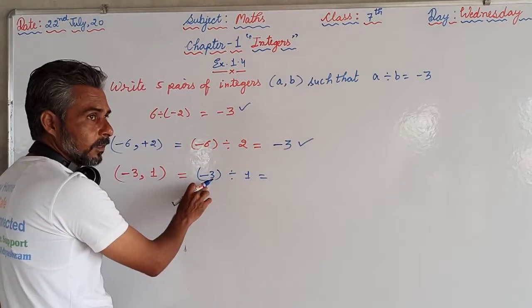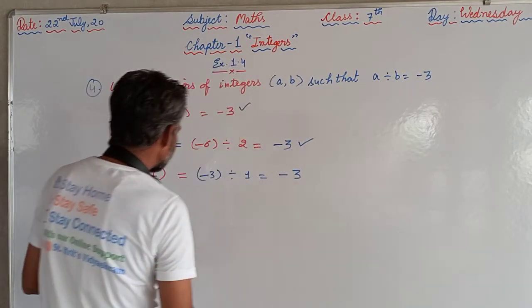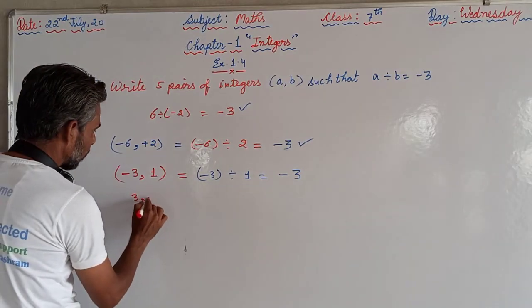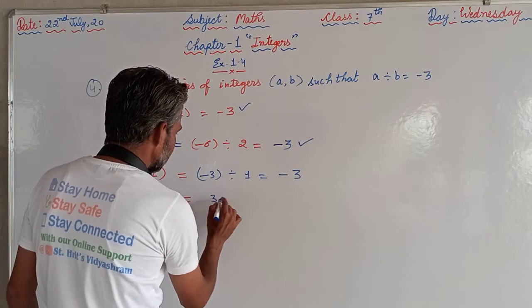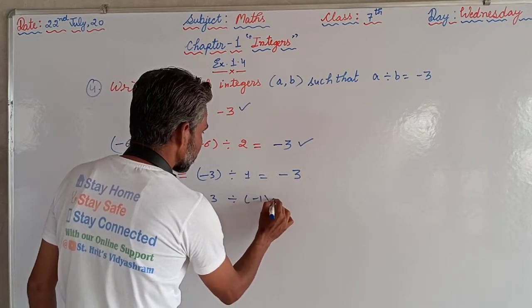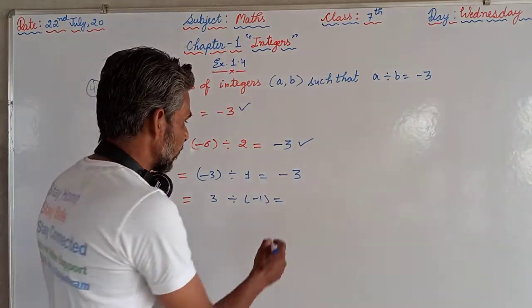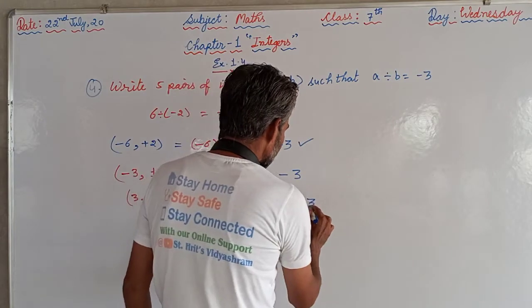Here again the dividend is negative, so we will get a negative answer. Again we can interchange the signs. We can get 3 comma minus 1. Again we will see the result, that is 3 divided by minus 1. Here the dividend is positive and the divisor is negative, so we will get the negative sign, and if we divide 3 by 1 we will get 3.